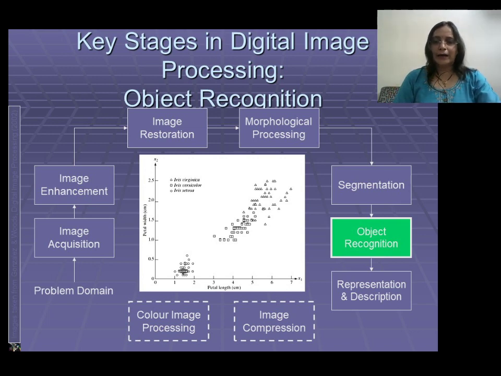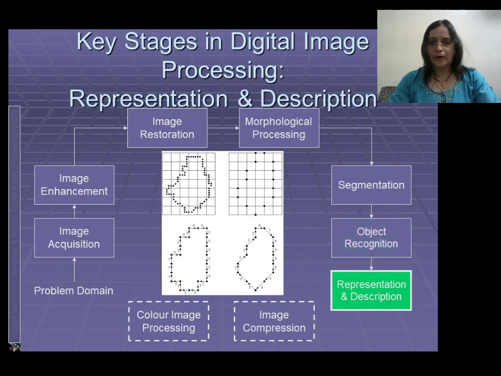Then we go to the next, which we call the representation and description technique. Again we can use image segmentation as a pre-processing technique for this particular step. As the name suggests, we are representing and describing the object. Here we are using the boundaries of the object to describe its shape. So the image is segmented into objects.